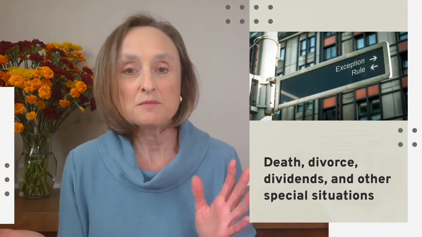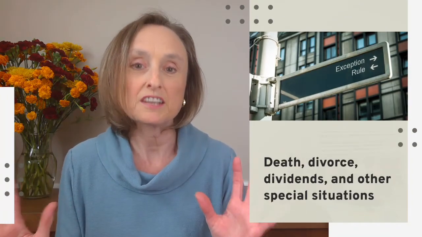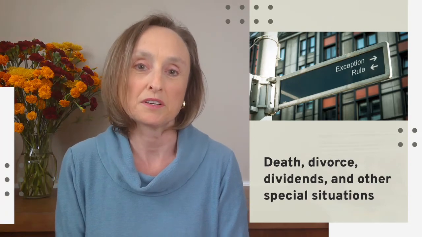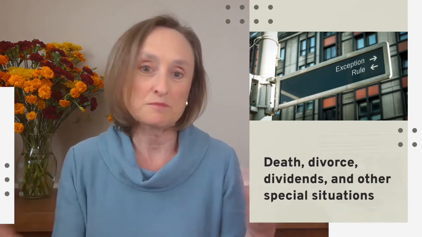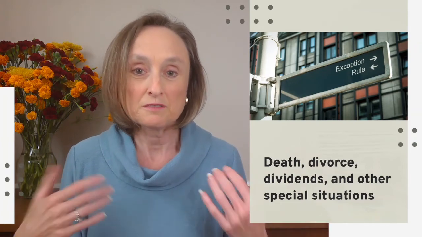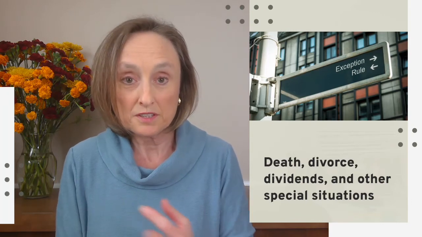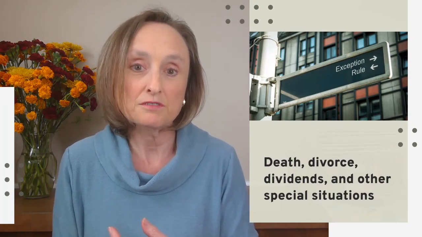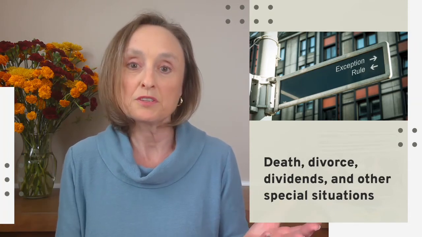The next item on your agenda should be to review how all the various special transactions that occurred during the year should be reported. So you reviewed the basics, and now these transactions are exceptions to all of those rules. So, for example, if you've had employees die during the year, if employees got divorced and there were transactions that occurred after the divorce, dividends can often require some special reporting.